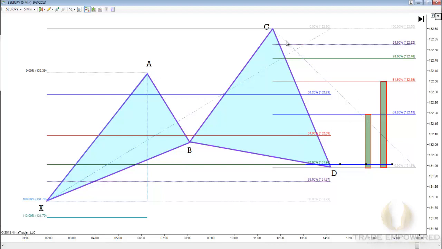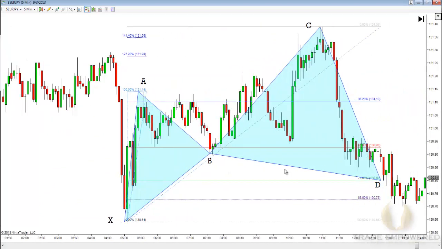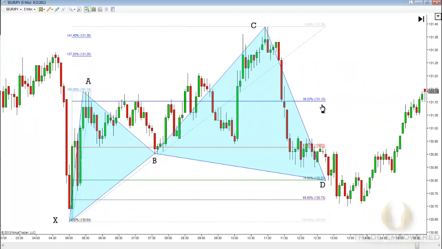Targets, we take a Fibonacci retracement from our C leg to our D leg, and we look for the 382 Fibonacci retracement as target 1 and the 618 Fibonacci retracement as target 2. Once target 1 is hit, we want to take our stop loss and bring that up to break even to protect our profits. If we look real quick on an actual price chart, here's the last Cypher pattern we drew out.